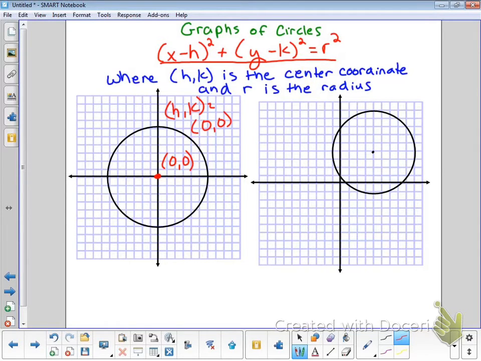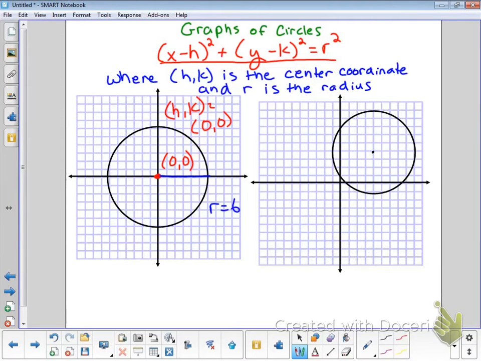To find out how much our radius is, we're going to count using the graph how many units our radius is from the center. Because you know the radius goes from the center to the outside edge. So I'm going to do that using the blue. I have 1, 2, 3, 4, 5, 6. So my radius is 6.